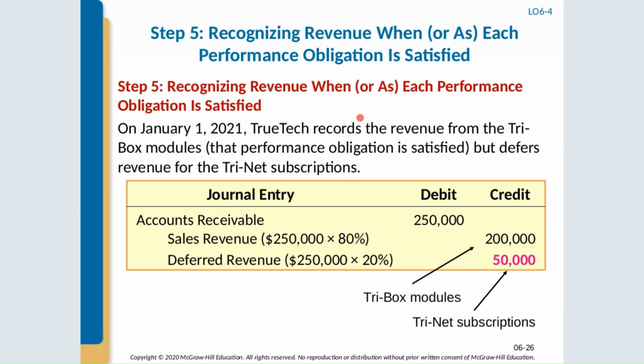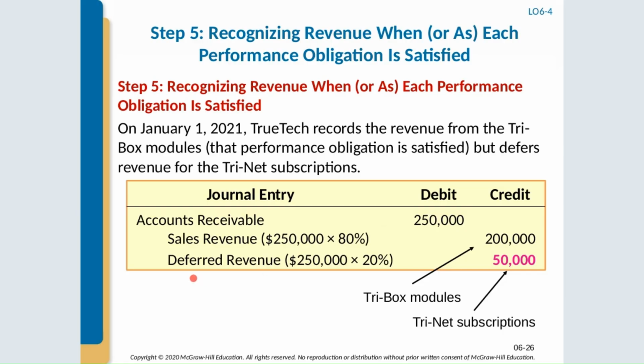So remember that we sold 1,000 units on account. So we have accounts receivable of 250,000. We have the 250,000 multiplied by 80%. This is the modules, right? And so we're recognizing that at point of sale because the items were delivered.